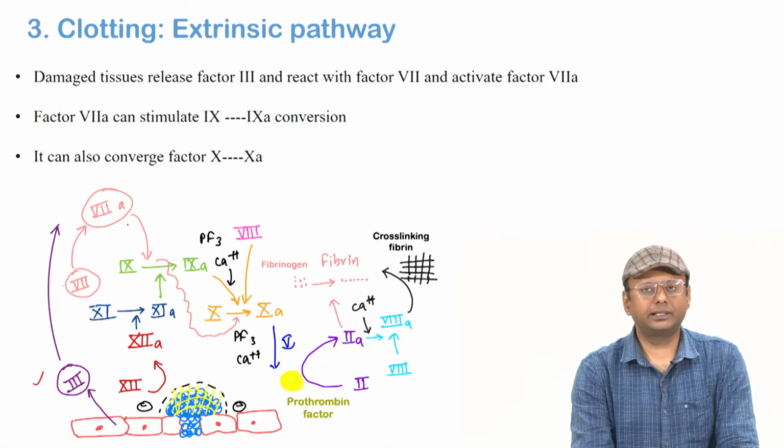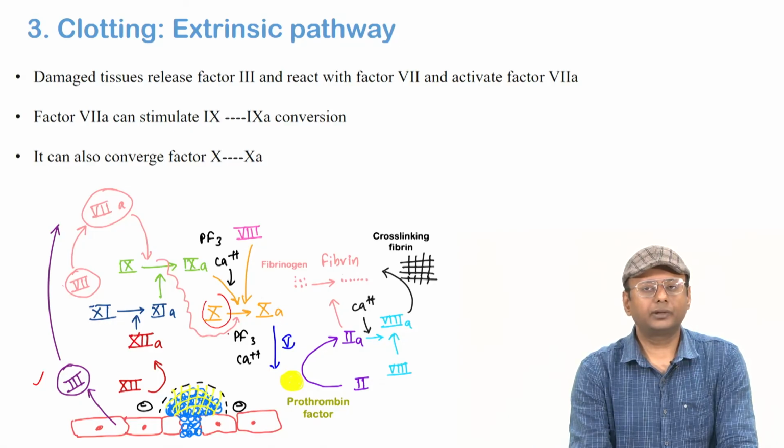And this factor 7A can work in two different ways. It can activate factor 9 to factor 9A, or it can directly activate factor 10 to 10A. And as you know, from factor 10 to 10A, the common pathway eventually starts.